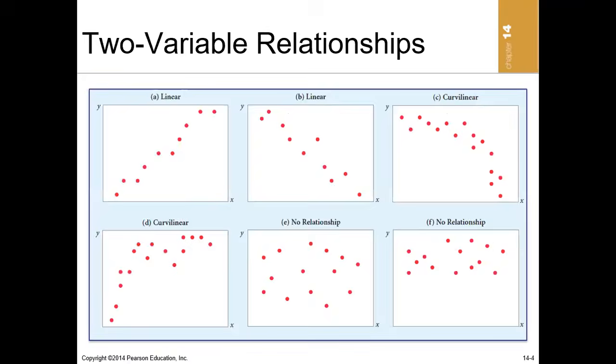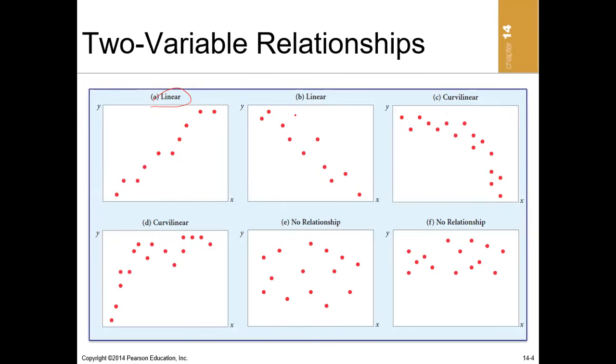Now, this is an example of a two-variable relationship as depicted by a scatter plot. If you look at plane A, we could say there is a linear relationship between X and Y, and it slopes downwards from right to left, so there is a positive relationship.